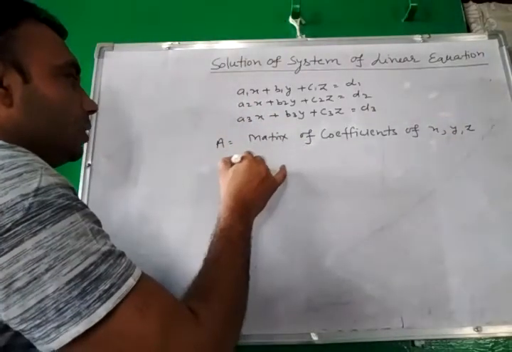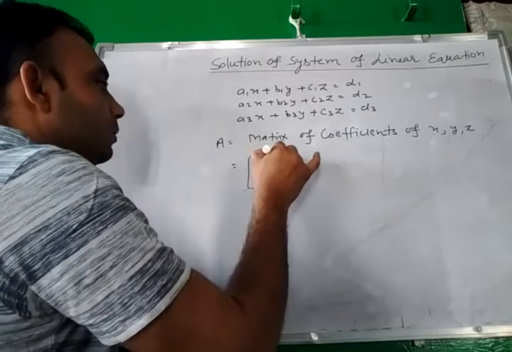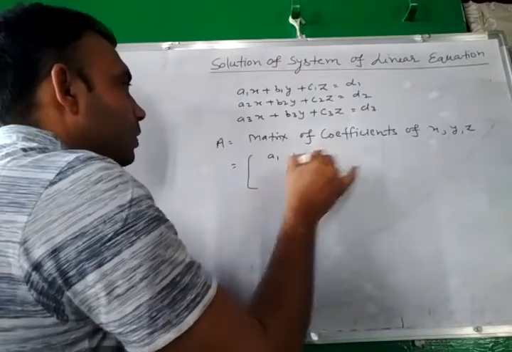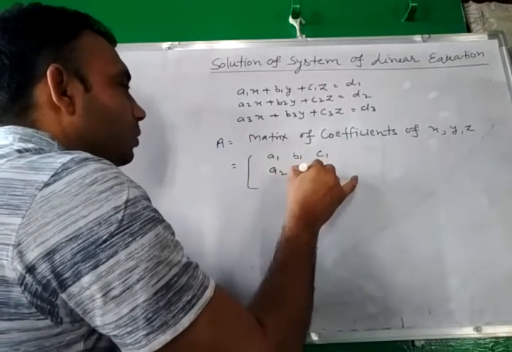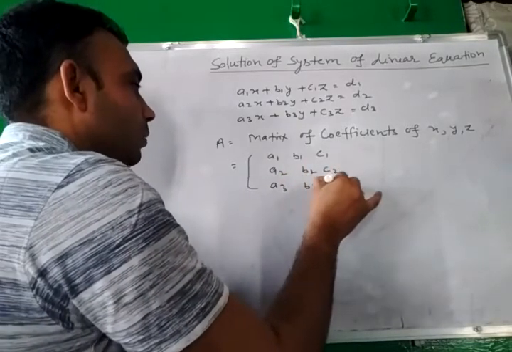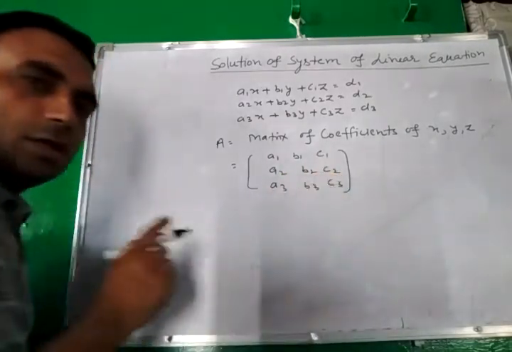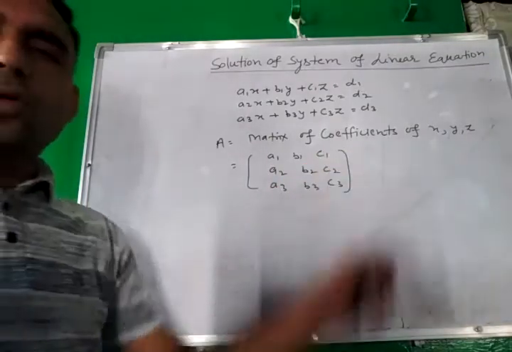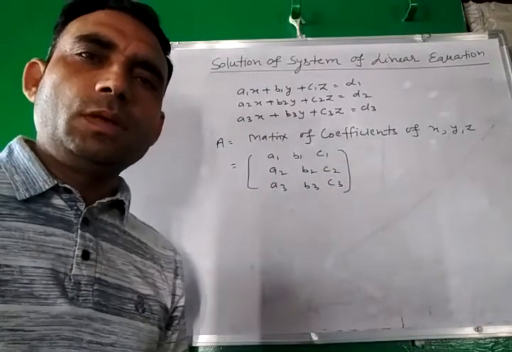A is equal to a1, b1, c1; a2, b2, c2; a3, b3, c3. This is the matrix of coefficients.